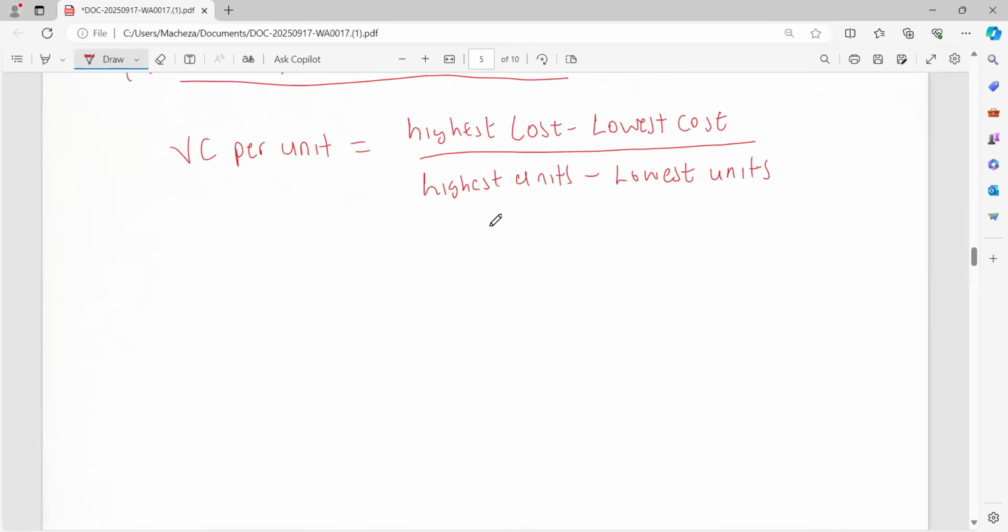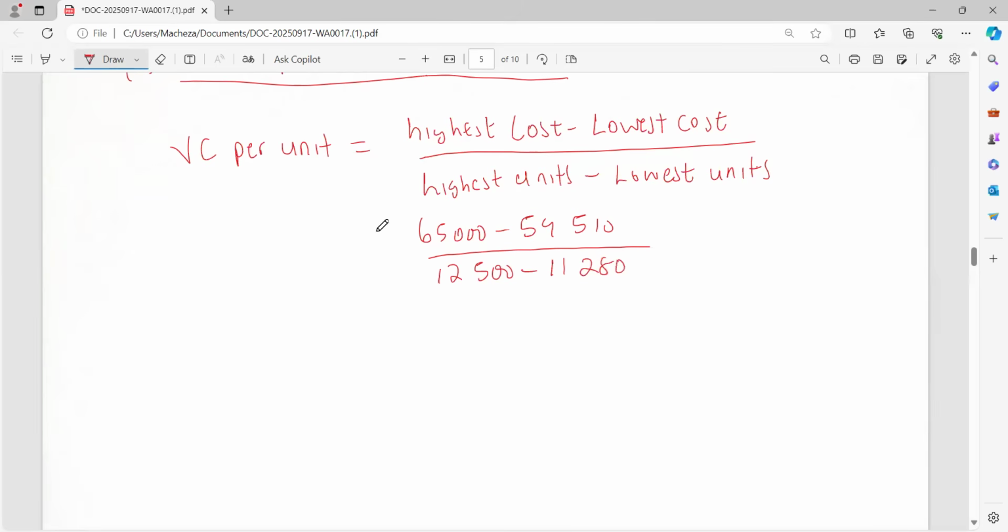Right, so our highest cost is going to be 65,000. Then our lowest cost is 59,510. Then our highest units is going to be 12,500 minus 11,280.